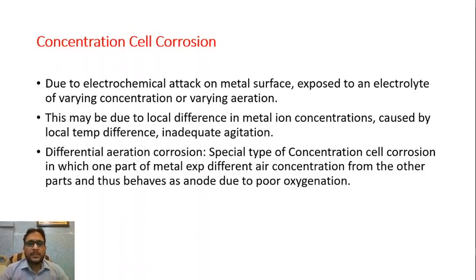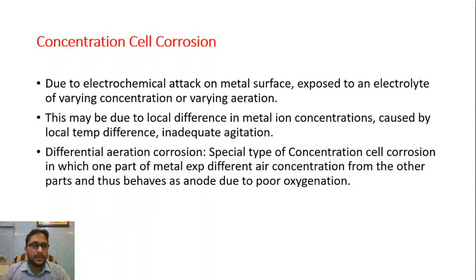Clear? So the part which experiences poor oxygen, where there is a limited supply of oxygen, for example in a tank where a steel or iron rod is dipped, at the bottom we have very little availability of oxygen. In that case, due to poor oxygenation, the part at the bottom behaves as anode and starts releasing electrons.